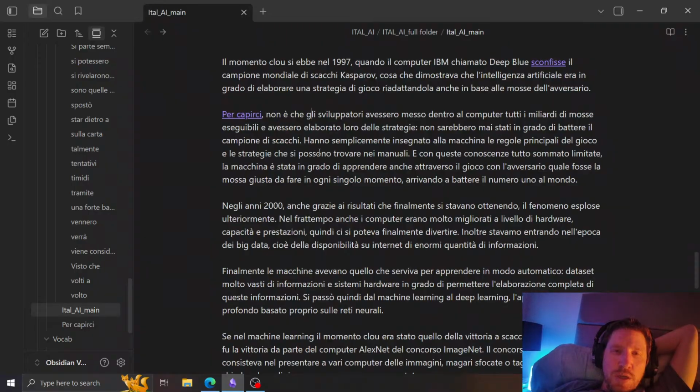Per capirci, non è che gli sviluppatori, developers, it's not that the developers... Esatto. Quindi ad esempio no. Avessero... It's not that developers had put the move... Avessero.